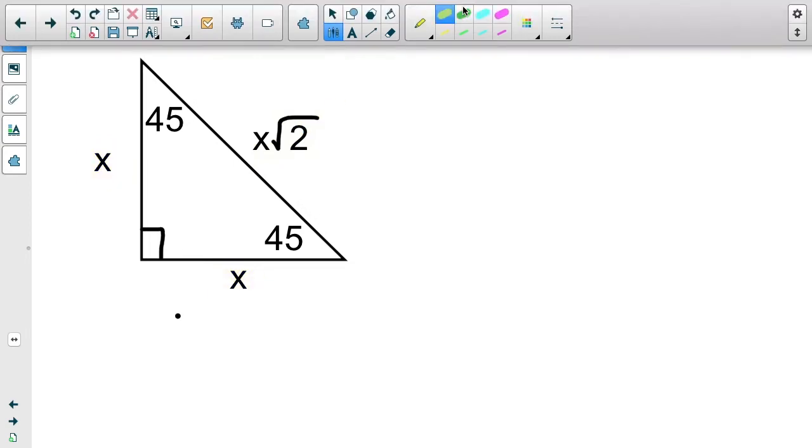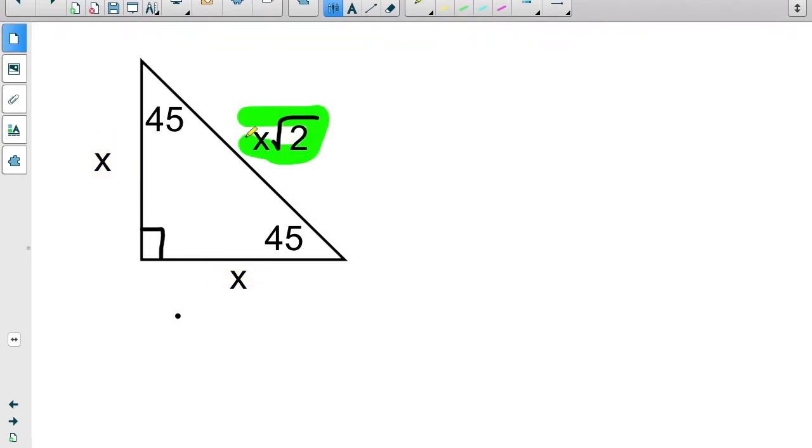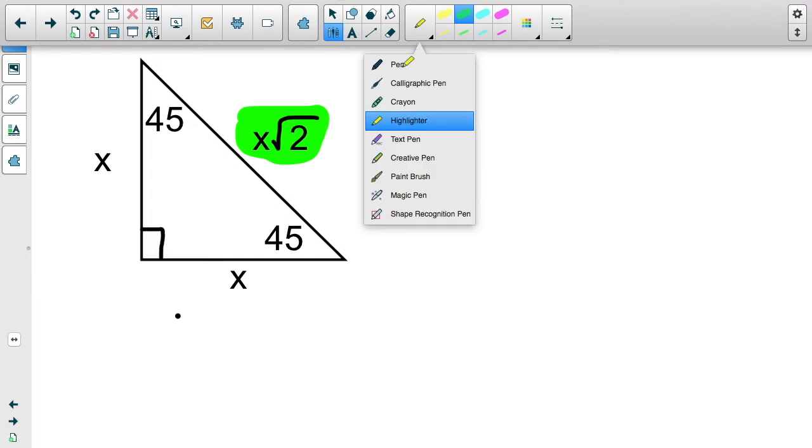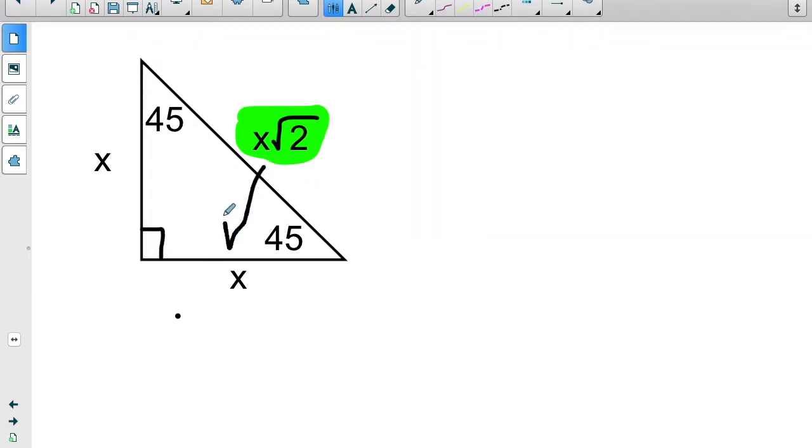Now if I'm given the hypotenuse, the side opposite the 90 degrees in a 45, 45, 90, if I want to get back to the two other sides, as we saw in class, we take whatever that length is and divide it by the square root of 2.